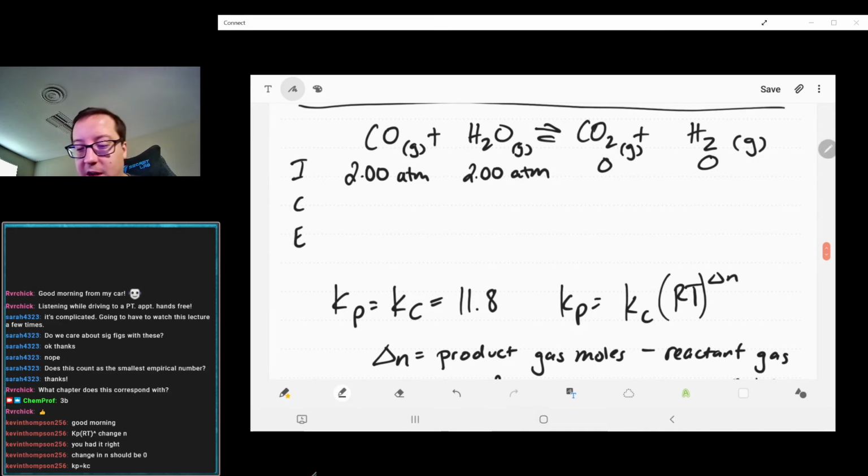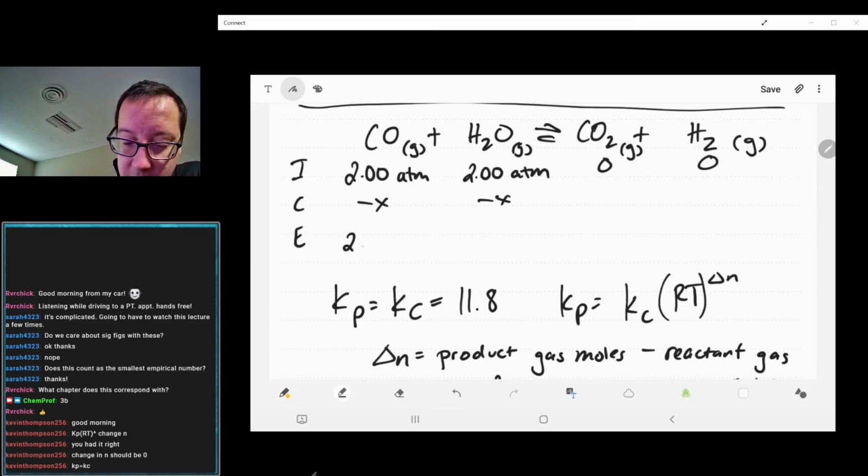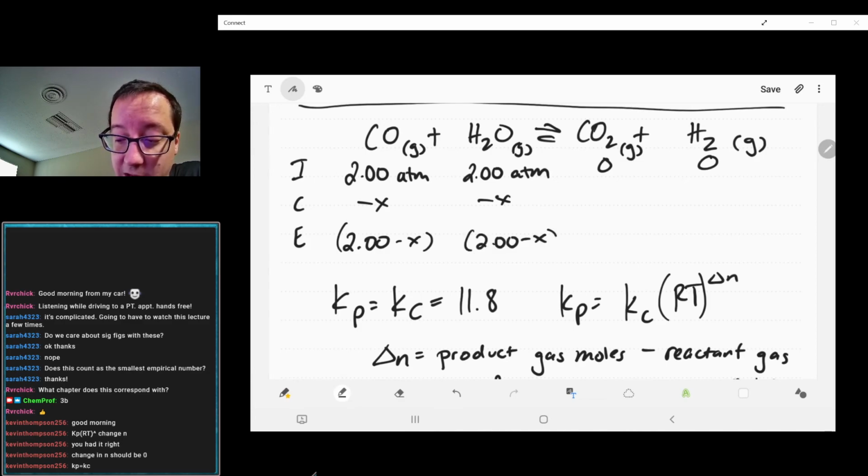So, let's do our ICE table for this now. Now that we have our Kp, we can figure this out. Of course, given our starting conditions here, we can tell we're obviously going to start forming products. But if we wanted, we could evaluate Q. We'd see Q is 0, which would be less than Kp, and that will tell us the direction of the reaction.